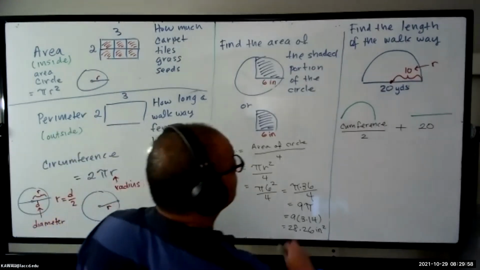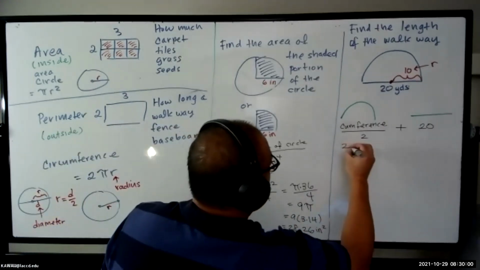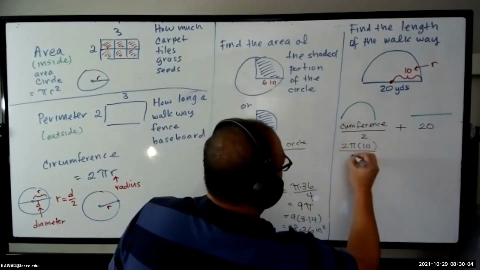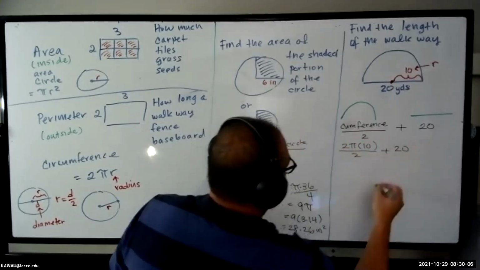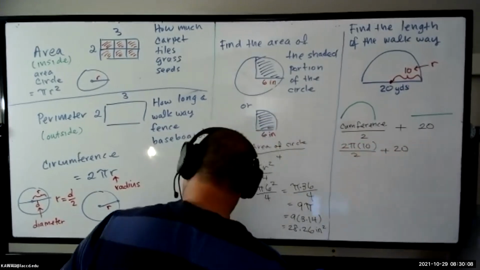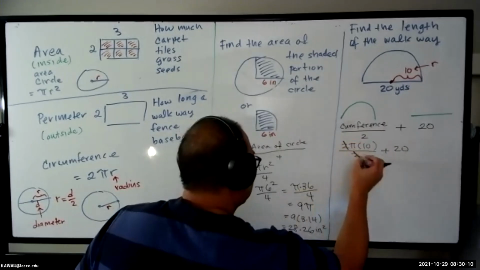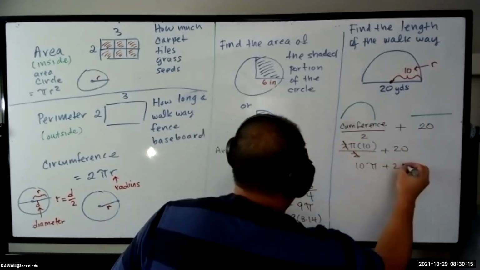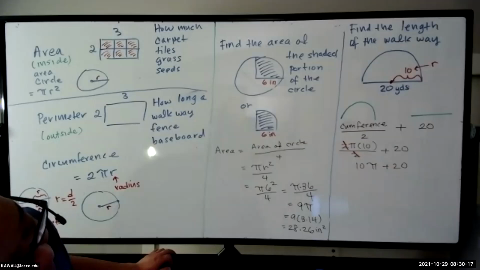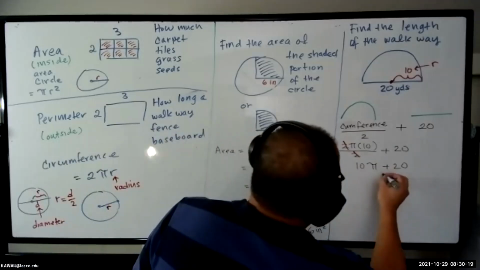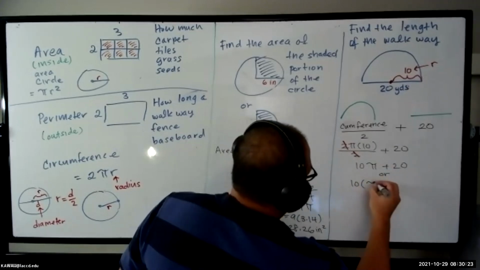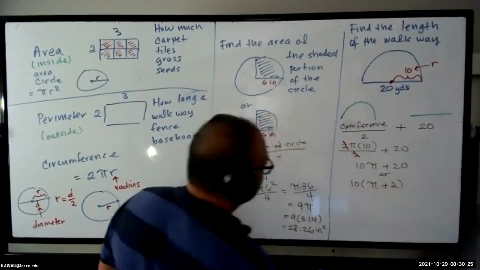So you get 2 pi r. R is going to be 10. So your answer could be, when they cross this out, 10 pi plus 20. That's one answer. Or they could factor out the 10 if they wanted to be cute about it.